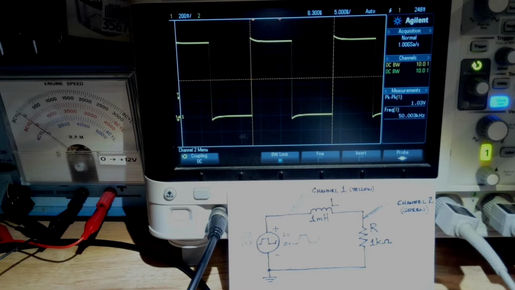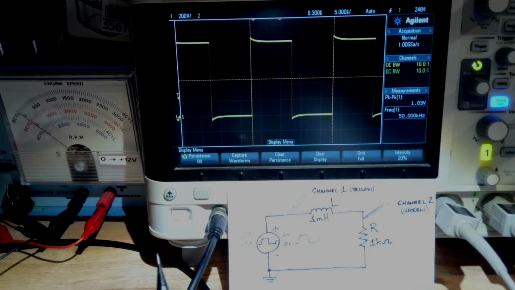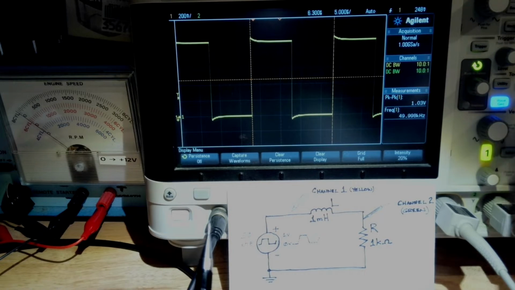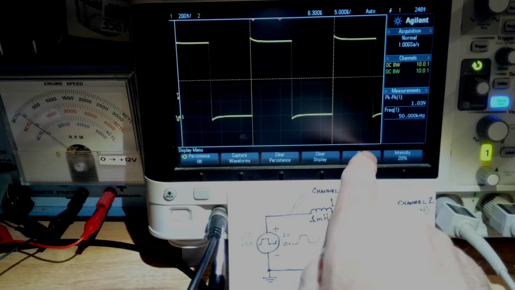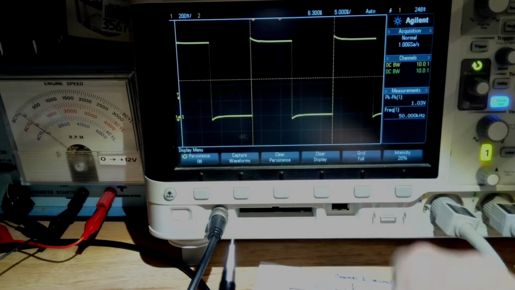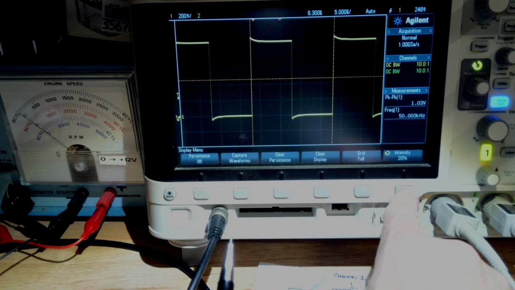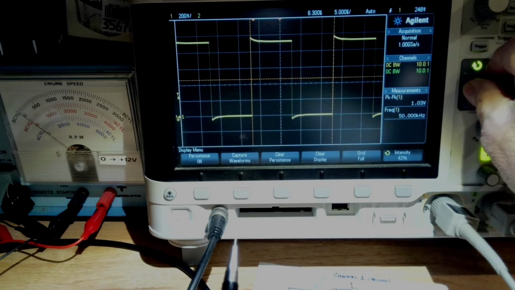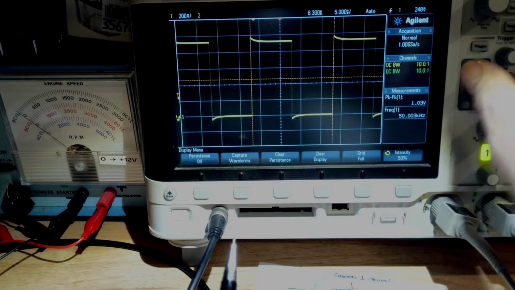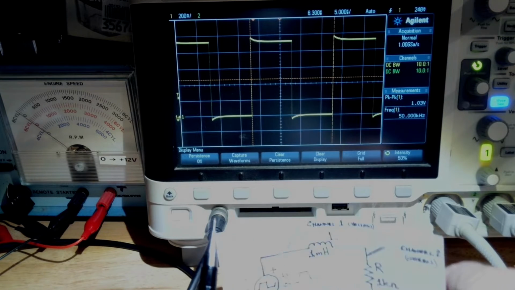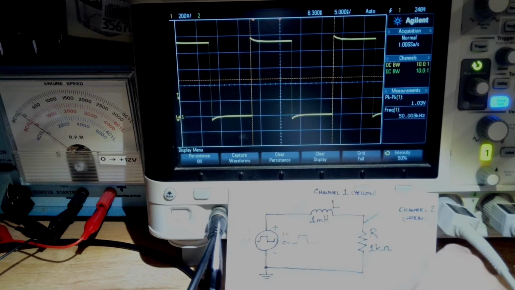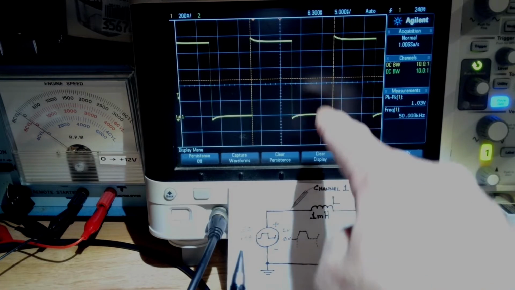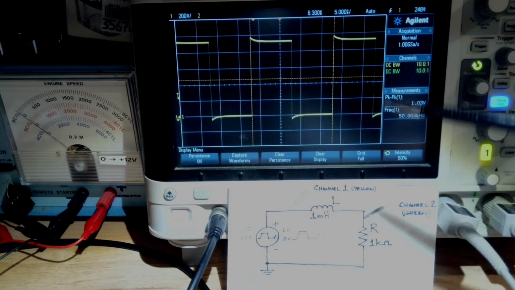And I might be able to, let's see. Just bringing the grid, so you can see the grid a little bit better.